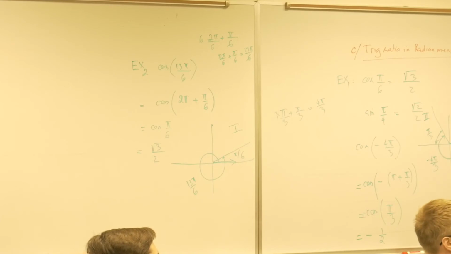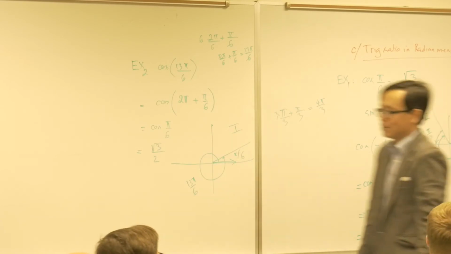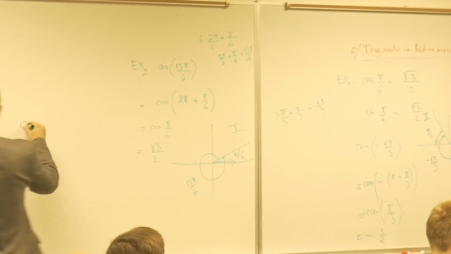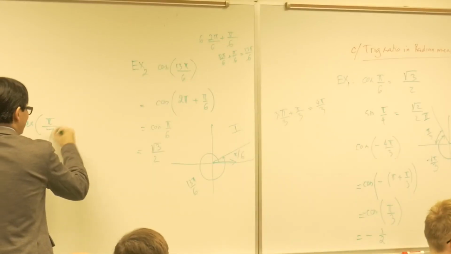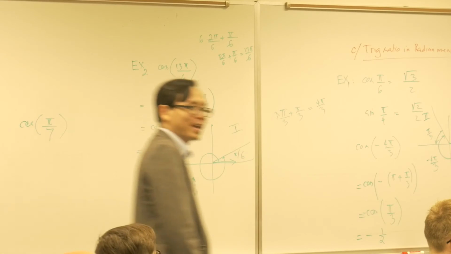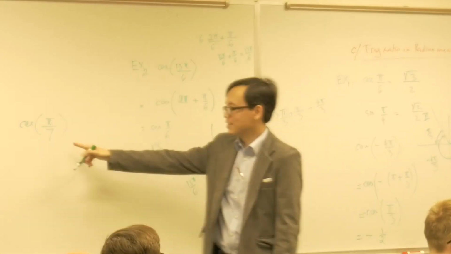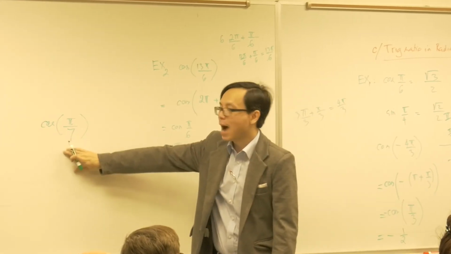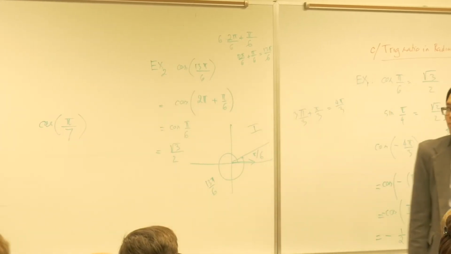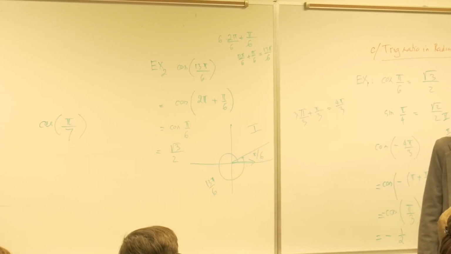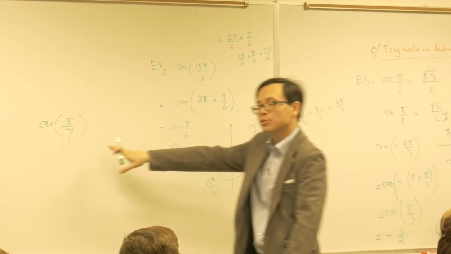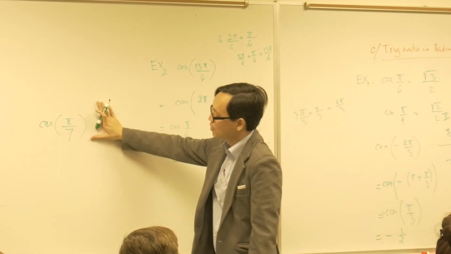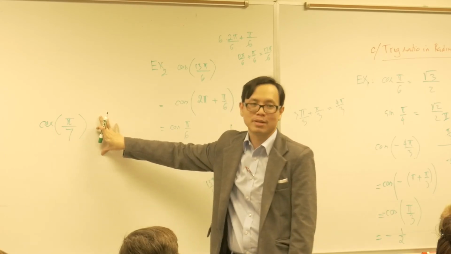Of course, not all of them we can evaluate manually. For example, if I give you cosine of pi over 7, there's no way we can evaluate this without a calculator, because there's no way we can bring this back to the special angle. For this case, you have to use a calculator, and it will give you a decimal number as the answer.